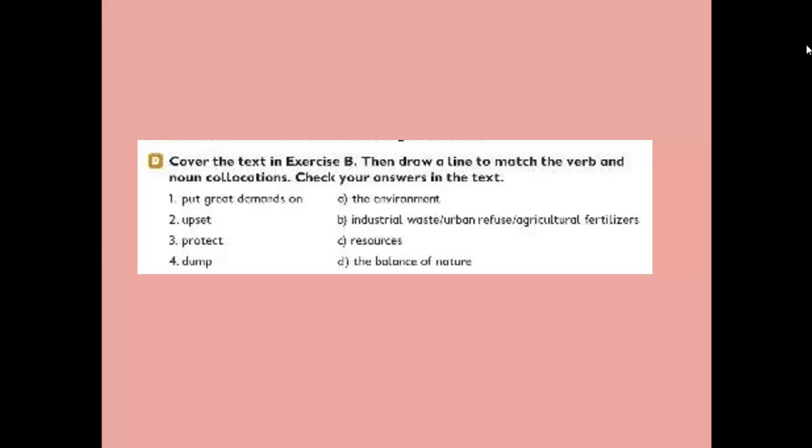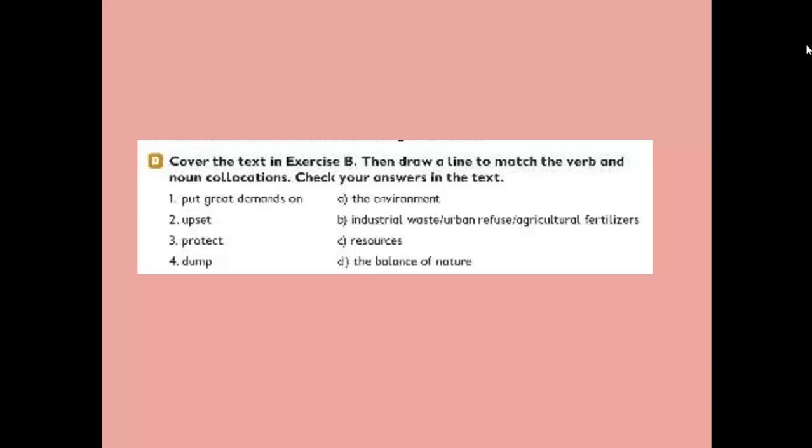Number 2. Upset the balance of nature. 3. Protect the environment. And number 4. Dump, which means throw away, dump industrial waste, urban refuse, agricultural fertilizers.